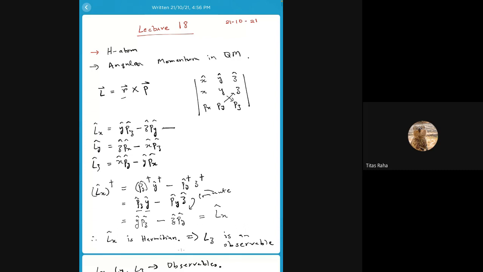Also, the potential for the electron in the hydrogen atom only depends on its distance from the nucleus. It does not depend upon the angle. So it should be possible to separate out its wave function as a product of the angular part and the radial part. And that is what we're aiming at.